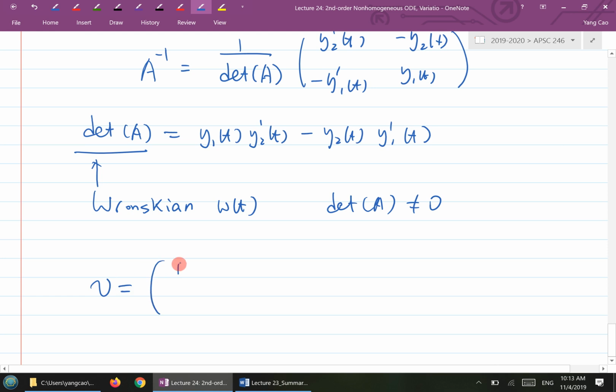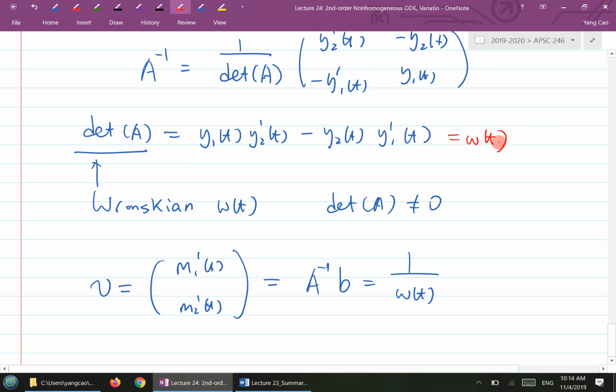V is m1 prime(t), m2 prime(t), and that equals A inverse times B. A inverse is 1 over the Wronskian, which is the determinant, W(t), times y2 prime(t), negative y2(t), negative y1 prime(t), and y1(t).